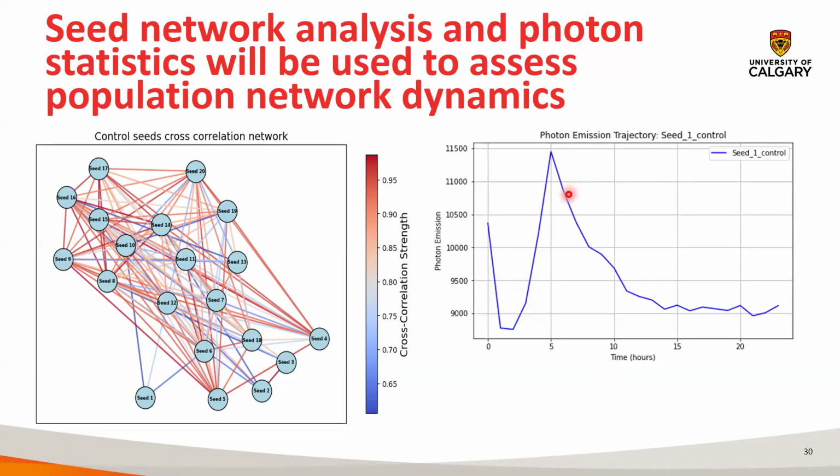And so we compute the statistics and the dynamics of the peaks, as well as how the time evolution of each seed correlates with each other, to understand the emergent properties of putting 20 seeds into a petri dish and allowing them to germinate. We want to see whether the seeds are actively communicating to each other, especially the fitter seeds, the ones that germinate faster, signaling the other seeds to germinate faster than they originally would.